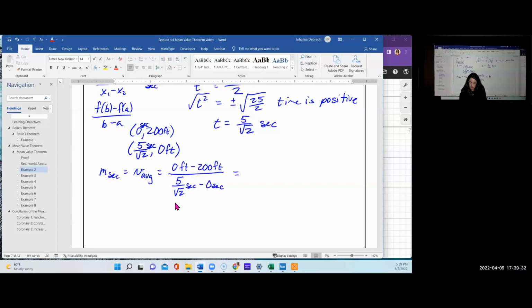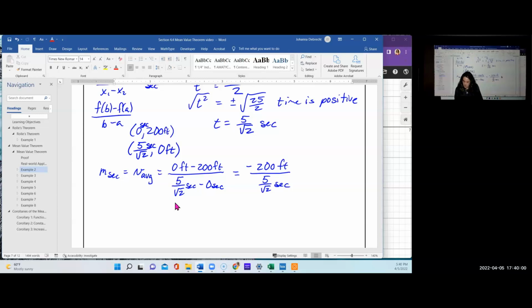And this is going to give me a negative 200 feet over 5 over the square root of 2 seconds. Now the units look good because it's feet per second. That sounds like velocity to me, but I've got a complex fraction. So remember that the denominator of the denominator basically flips up to the top, because to divide by a fraction, you multiply by the reciprocal.